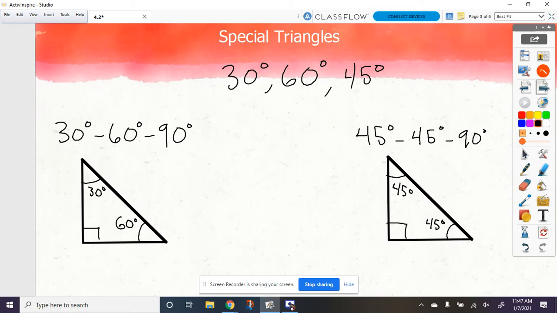Now, we're going to use these triangles to basically set up our unit circle, because I want you to see where the numbers are coming from, right? I don't want you to just think, oh look, we randomly pulled these numbers from thin air. So we're going to use these formulas and these triangles the first time that we find the information, right?